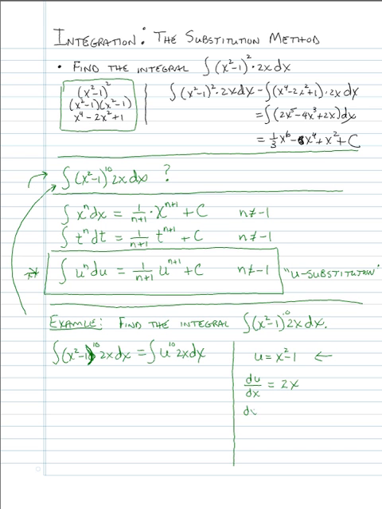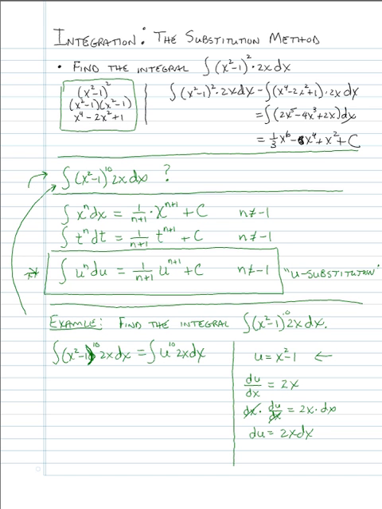I'm going to go through all the steps right here, but not normally do we do all these steps. For convenience, I'm going to multiply the dx on the right side in that fashion. And so this dx cancels over here, and we have du is 2x dx.